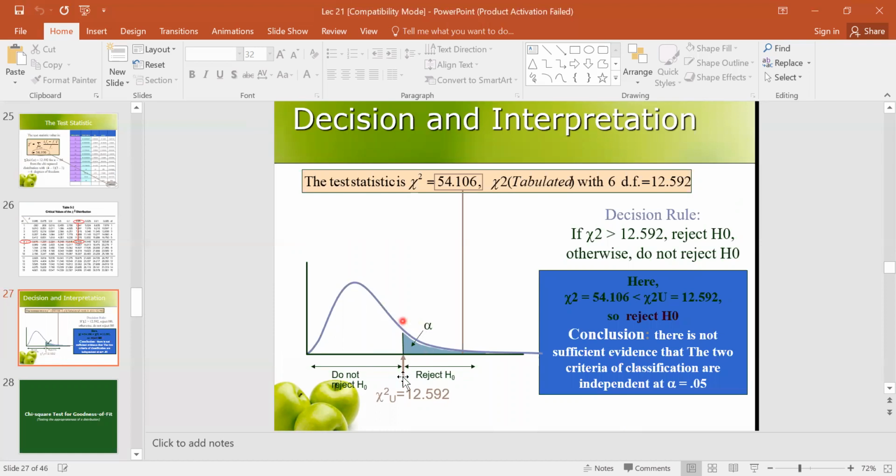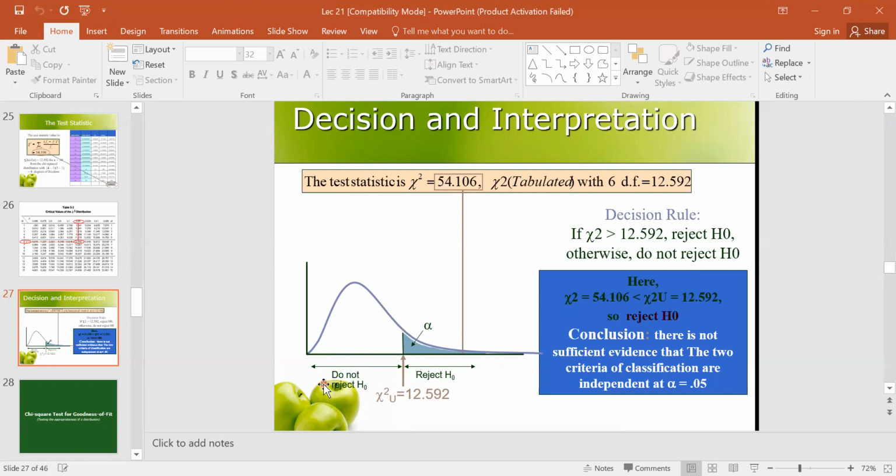So this is our critical region here. If the value falls in this region, we reject it, and if it lies in this region, we do not reject it.